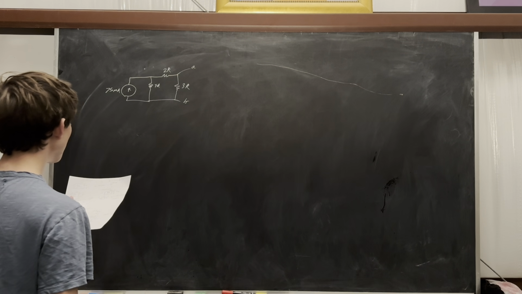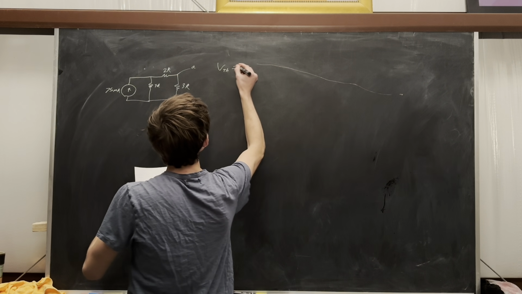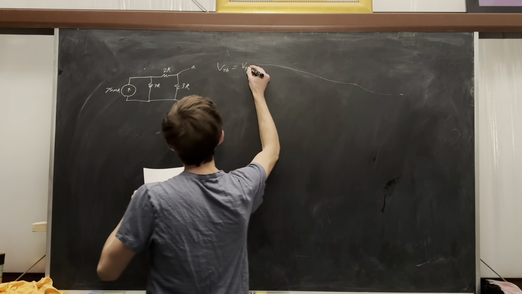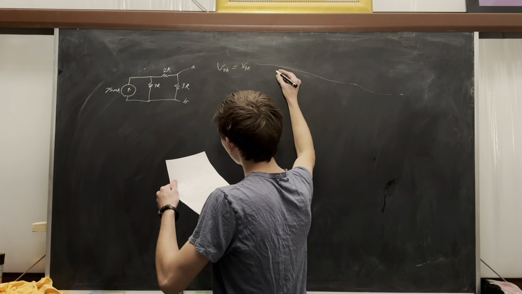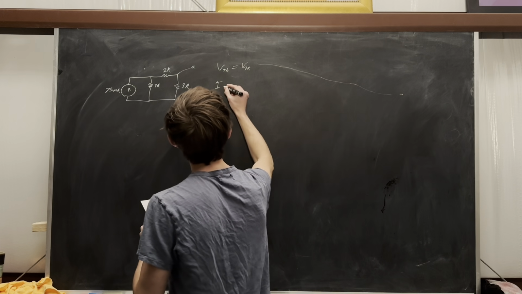So V-Thevenin is just the voltage across the 3 kilo ohm resistor. We can get this by finding the current through the 3 kilo ohm resistor.